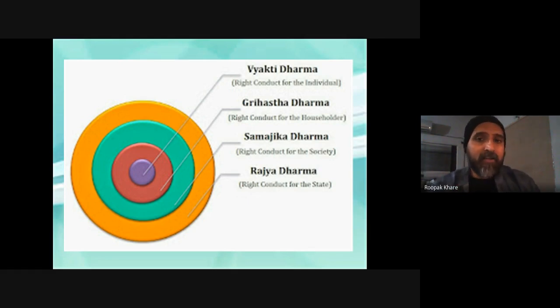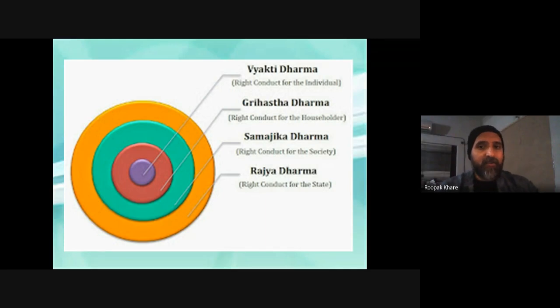Then Samajik Dharma for the sky blue circle. For society, you need to sacrifice your own interest and you need to sacrifice the interest of your family. This is what the Bhagavad Gita, the Dharma system says. So for society, you should sacrifice your own interest, your family's interest, but the society, the nation should come first.